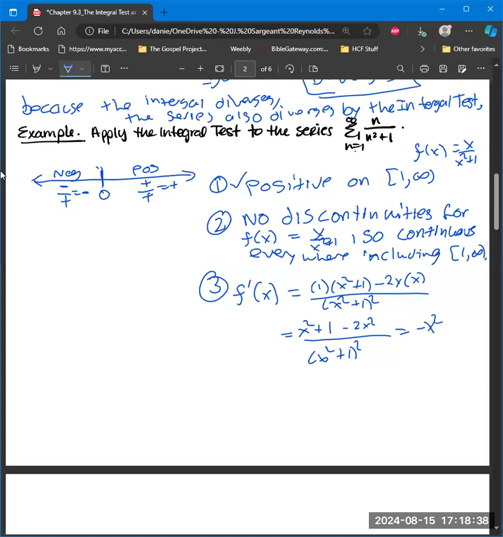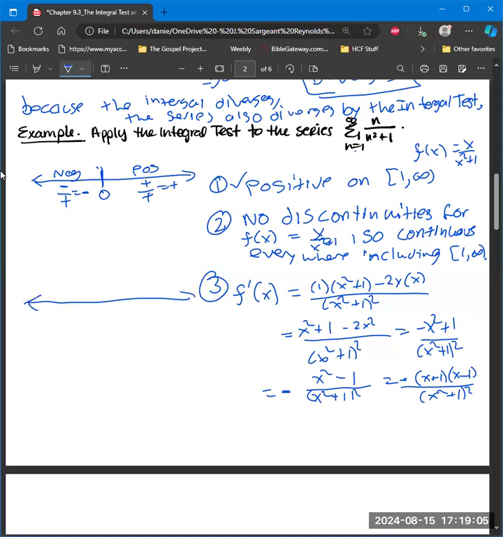That's negative x squared minus 1 over x squared plus 1 squared. So that's the same as, when I pull that negative out front, negative x plus 1 times x minus 1 over x squared plus 1 squared. So my sign chart for f prime has negative 1 and 1 as my critical numbers.